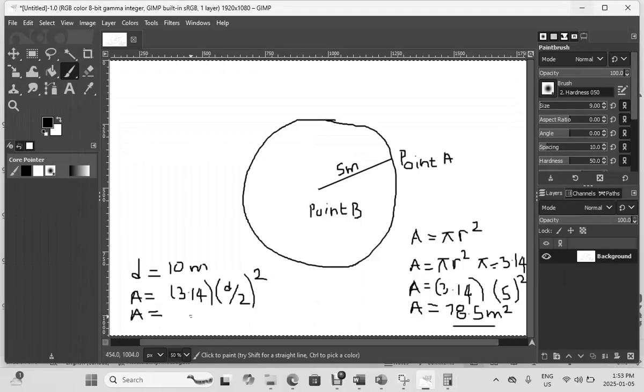This is 5. 5 squared is 25 times 3.14. It will stay the same. Regardless of whether you use the radius or the diameter of a circle, the area should be the same, which means this will be 78.5 meters squared, which can be rounded off to 79 meters squared.